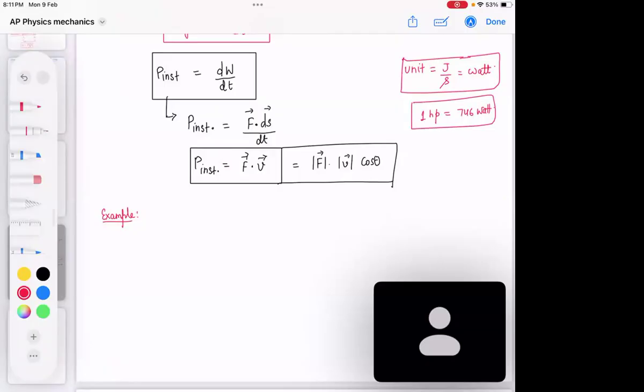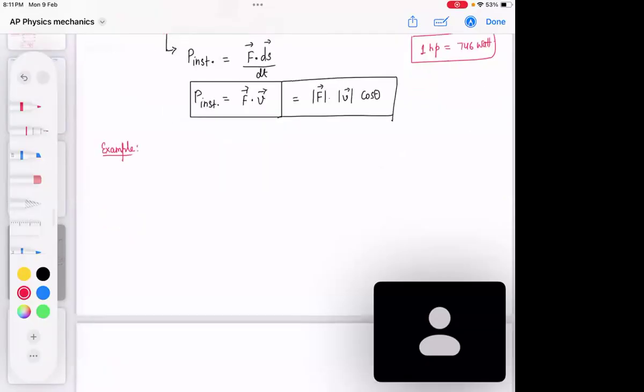One horsepower is equal to what? 746 watt. Okay, let's take an example and try to find out. A motor pump is there. In the household you must have seen it.